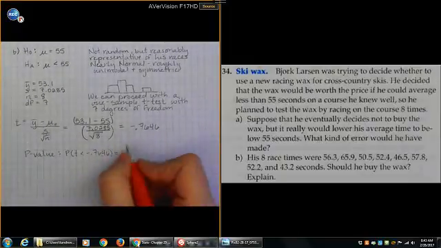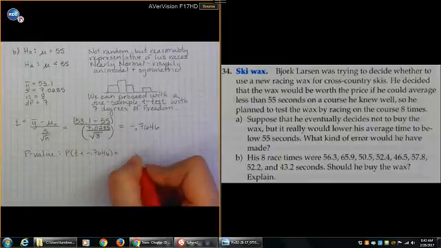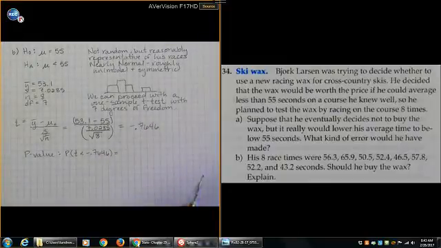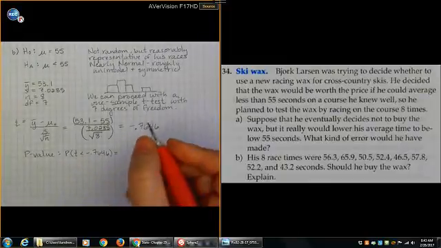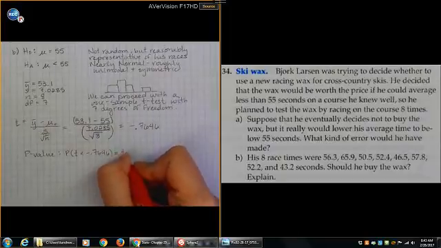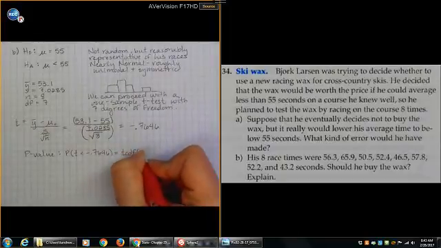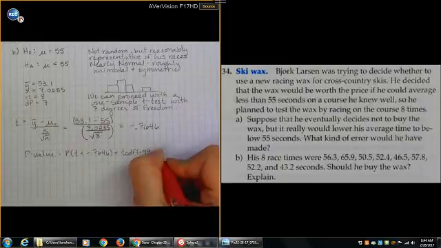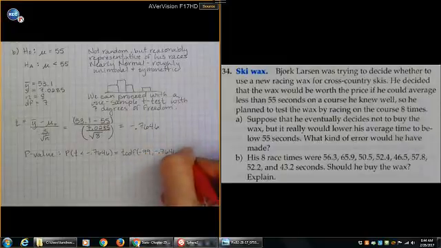So based on the high p-value, I'm going to fail to reject the null.